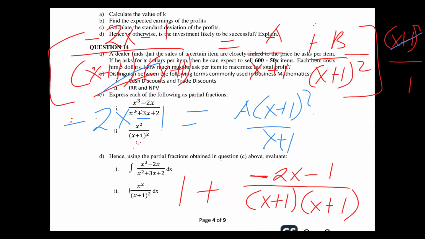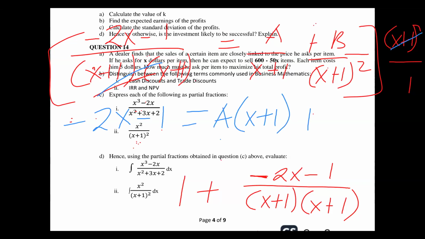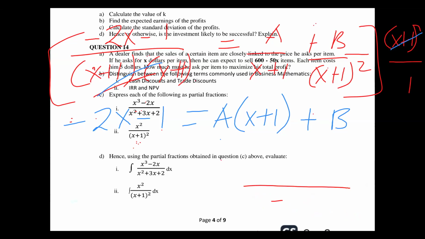One of them will cancel and you remain with A times (x + 1). Plus on B, both of them cancel, so it will just be plus B. So we can easily work that out.